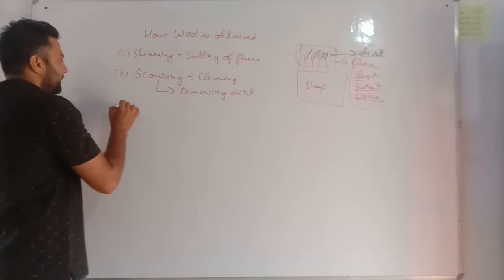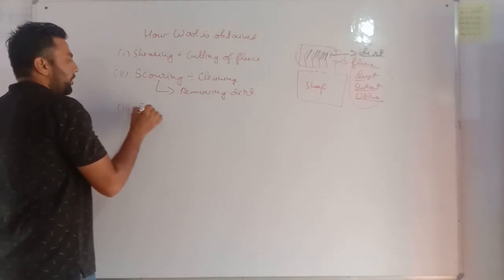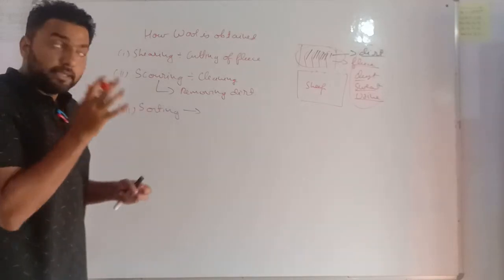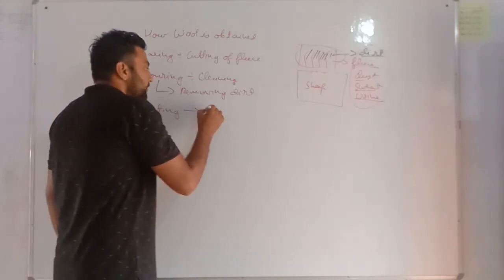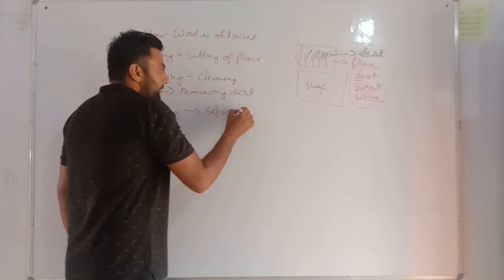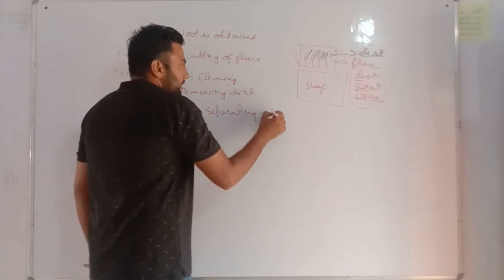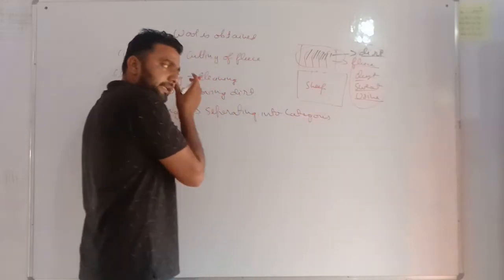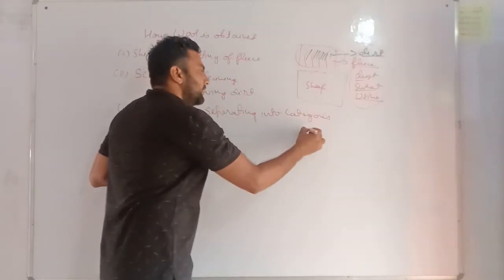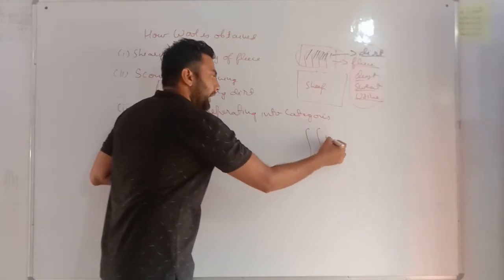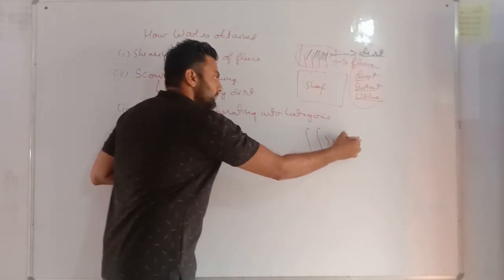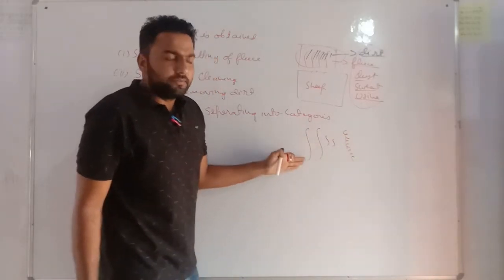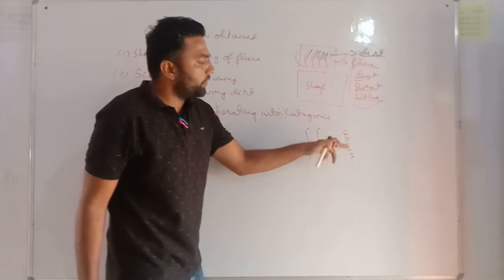After this process is done, sorting is done. What is sorting? Sorting is basically a process of separating into categories. Let's say, if I am getting wool like this, few hairs are long, few are short and few are curly.